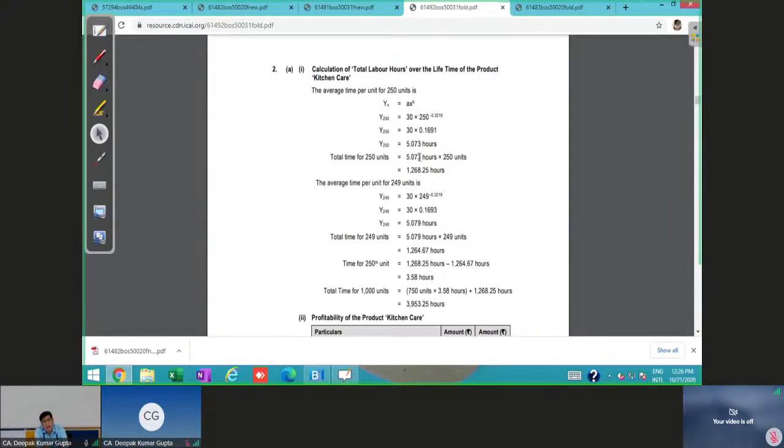First, I have to compute the time needed from the 25th to the 250th unit through the learning curve, because learning curve options are available till the 250th unit.